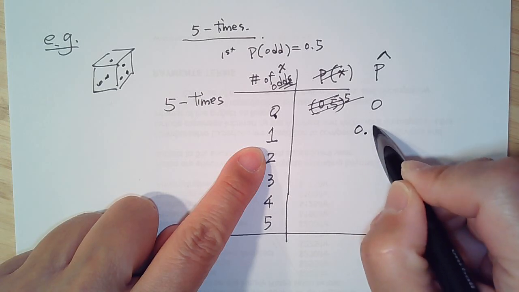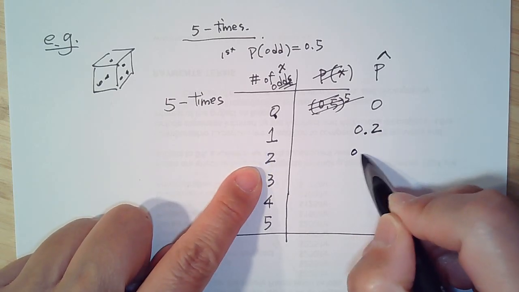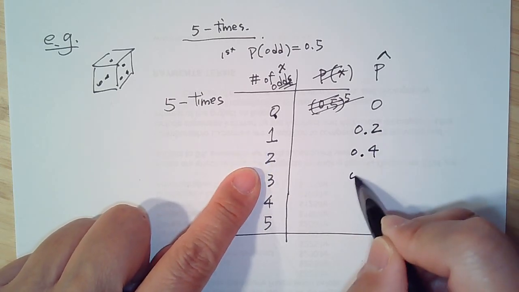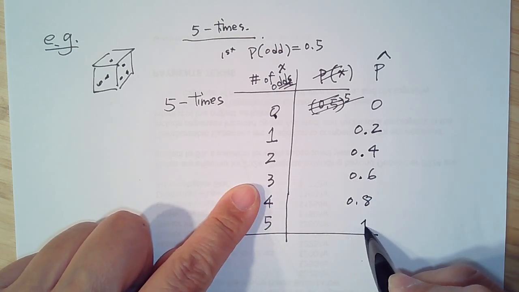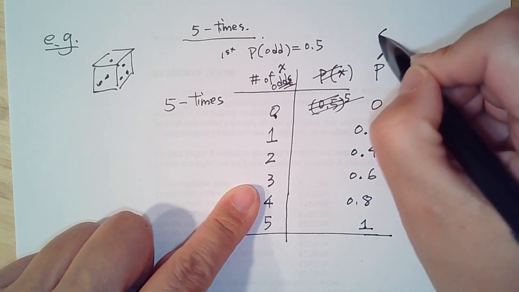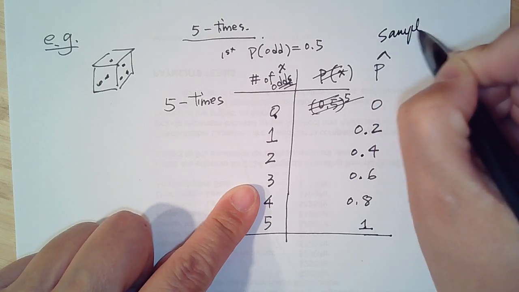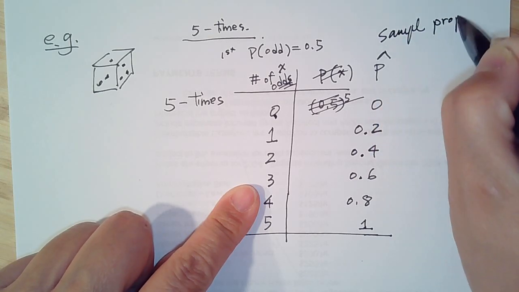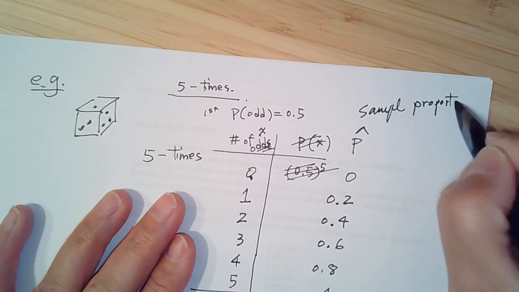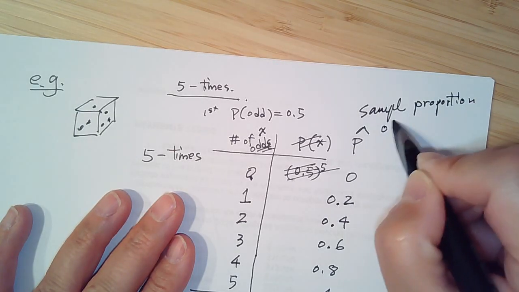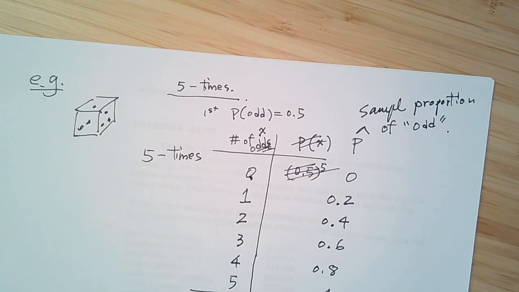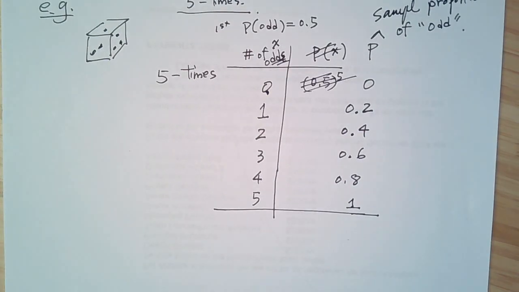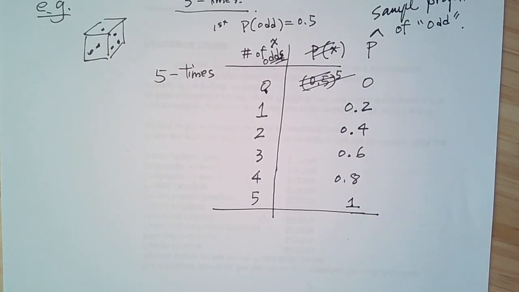So that's 0.2, 2 over 5 is 0.4, and then 0.6, 0.8, and 1. Sample proportion of odd. Okay, so that's all the 6 possible values of your p hat.